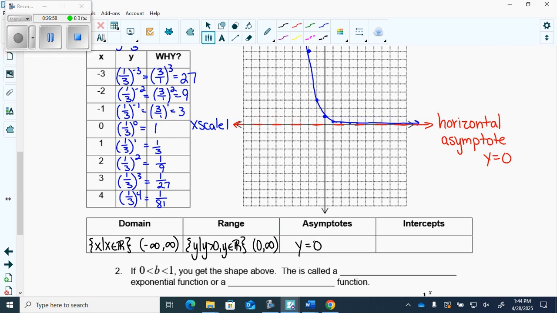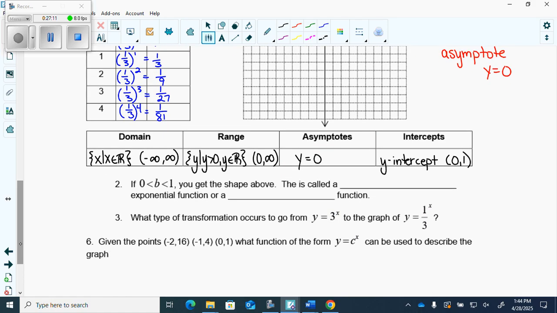And the y-intercept is still 0, 1. So if 0 is less than b is less than 1, you get the shape above. This is called a what exponential function? Decreasing. Or an exponential decay.